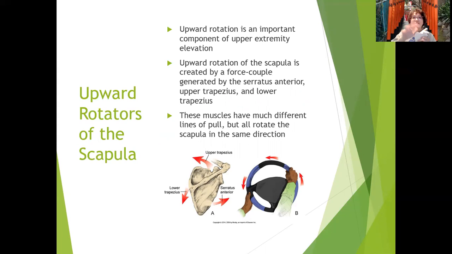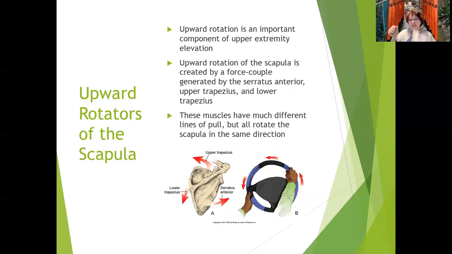The diagram from the book shows the upper trapezius elevating the scapula, the lower trapezius depressing the scapula, and the serratus anterior protracting the scapula, resulting in that rotary motion of upward rotation.